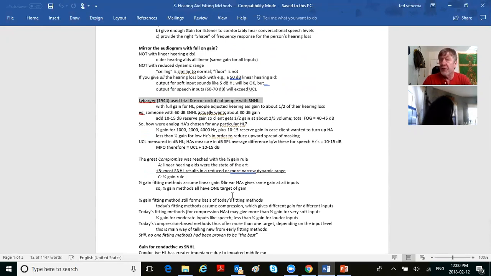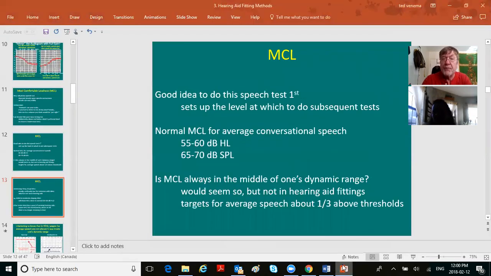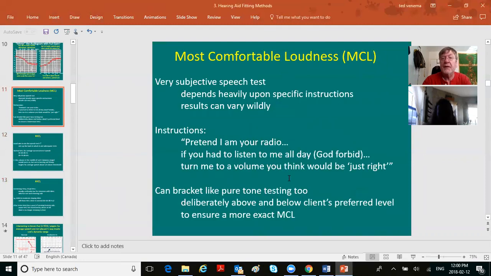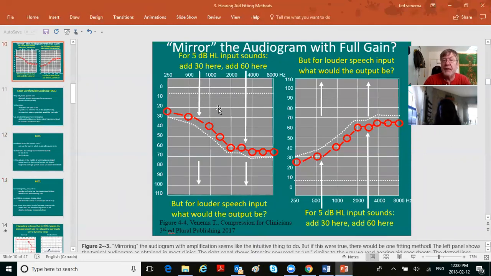He thought, like I would have thought, he tried to do this. He tried to amplify soft sounds by the full degree of the loss, thinking, hey, I want to make the guy's thresholds 0. I mean, doesn't that just make sense?